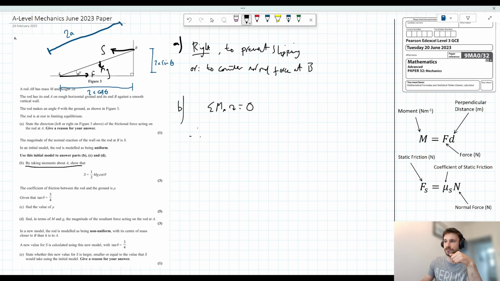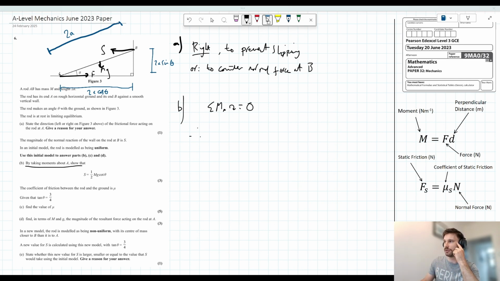If I'm imagining pressing my finger down on point A and imagining which forces are moving the diagram clockwise, well, we've got this mg force here.